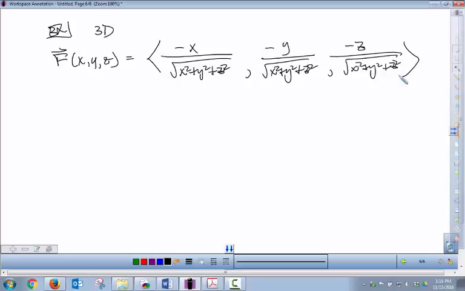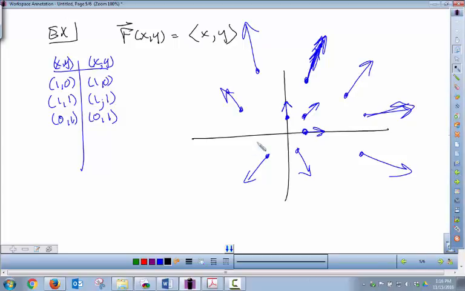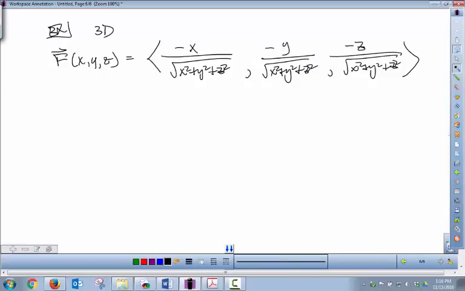So the x, y, z, if the negative sign wasn't there, would work the same way this was working. It would just go outward, right? But because it's negative, now it looks like it might be going inward.